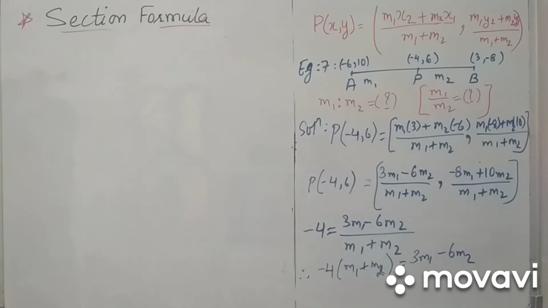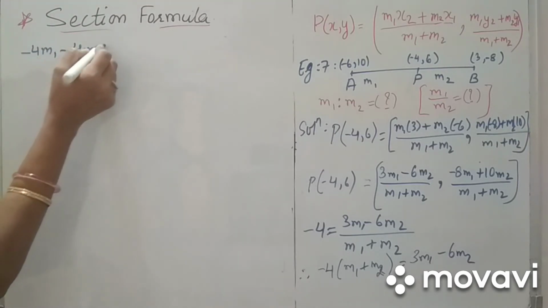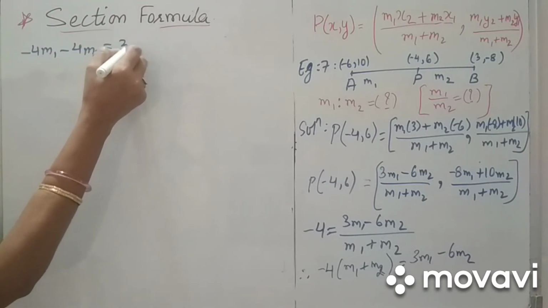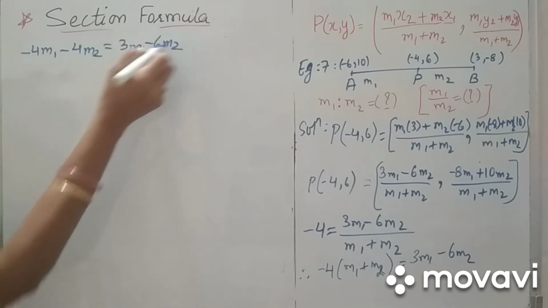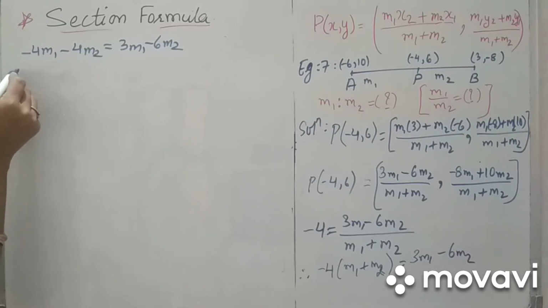Now we will simplify it. Multiply, open the bracket: minus 4m1 minus 4m2 is equal to 3m1 minus 6m2. Now take m1 on one side and m2 on the other side.